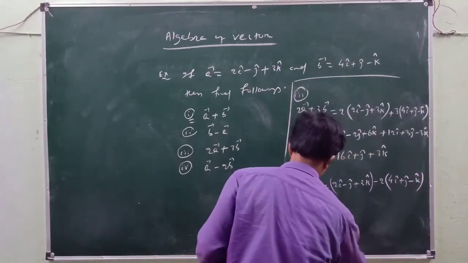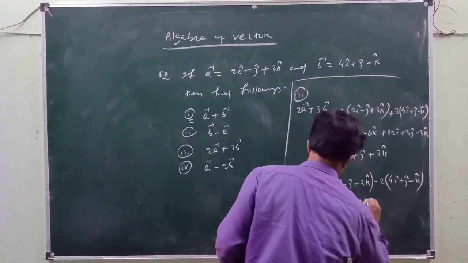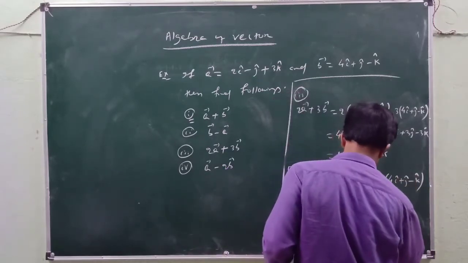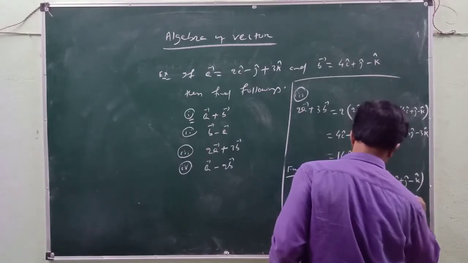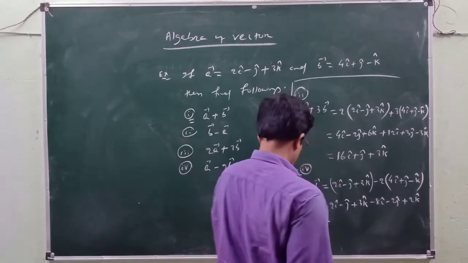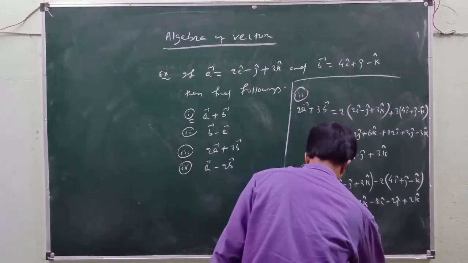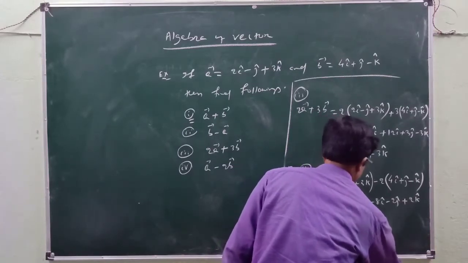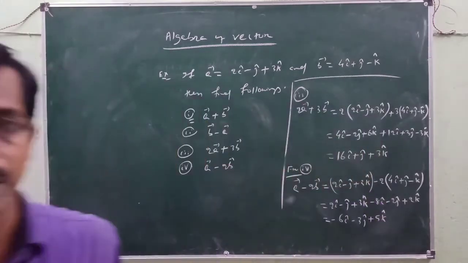So it will be 2i cap minus j cap plus 3k cap. Here multiplying by minus 2, it will be minus 8i cap minus 2j cap, then plus 2k cap. Now look here, 2i cap minus 8i cap, it will be minus 6i cap, then minus 3j cap, then plus 5k cap. Okay.